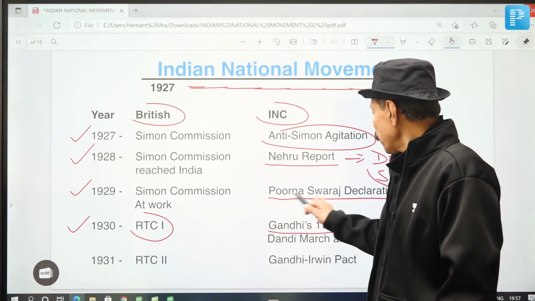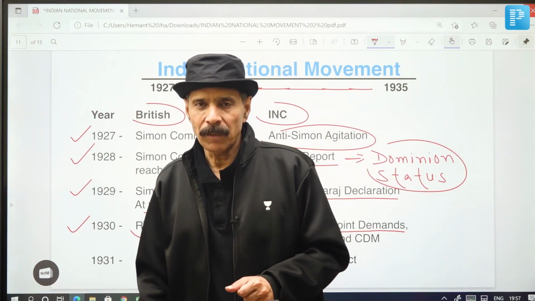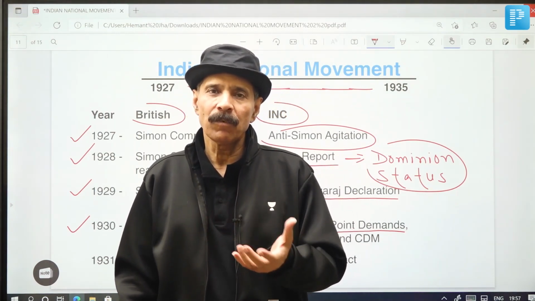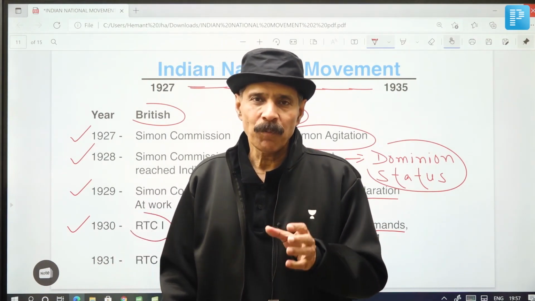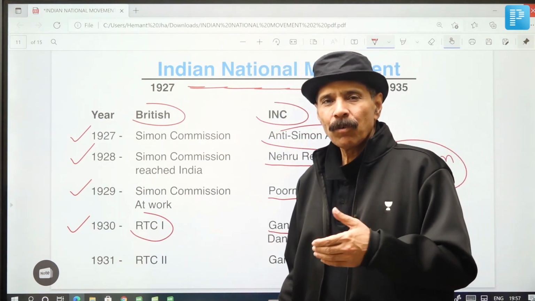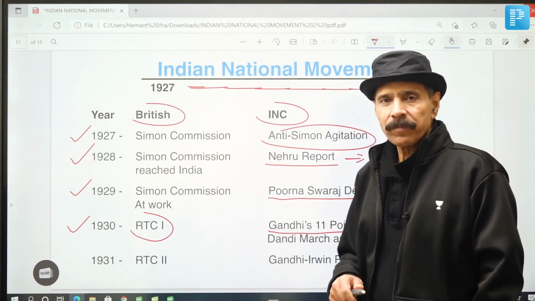So Purna Swaraj declaration was not just a declaration. It was decided that in order to attain Purna Swaraj, civil disobedience movement would be launched under Gandhian leadership. So the 11-point demand of Gandhi in 1930 represents a kind of compromising approach. But these 11 points were not accepted.